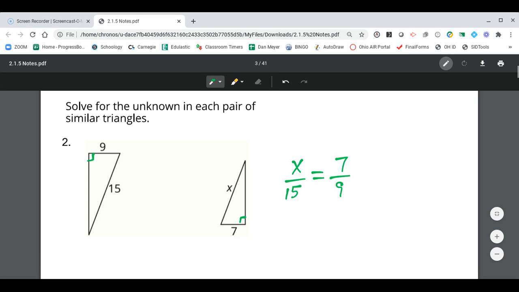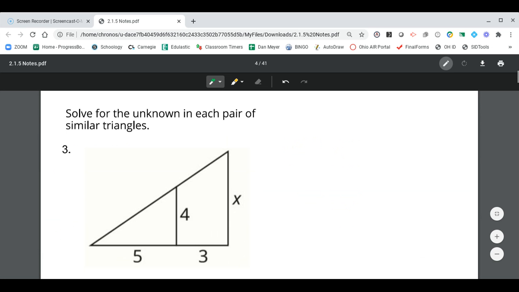So cross multiply and divide, and you will get 9x equals 105. And then when you divide both sides by 9, you're going to get approximately 11.7.